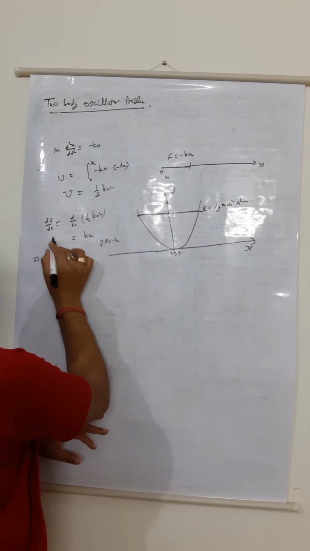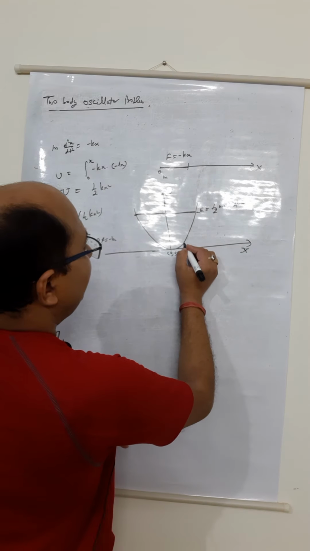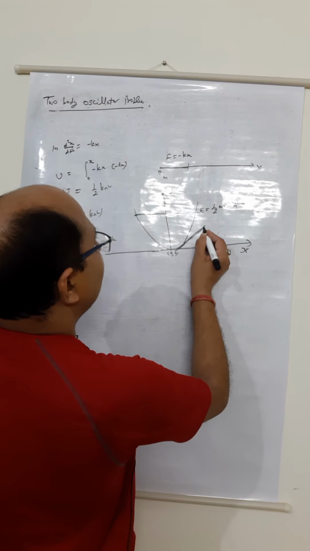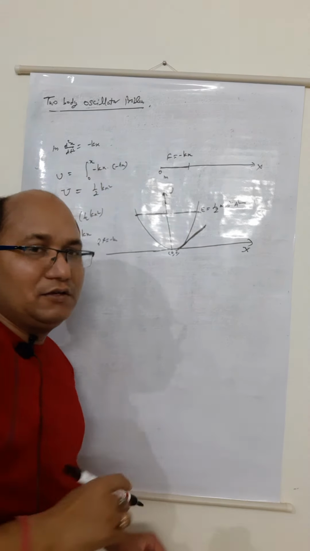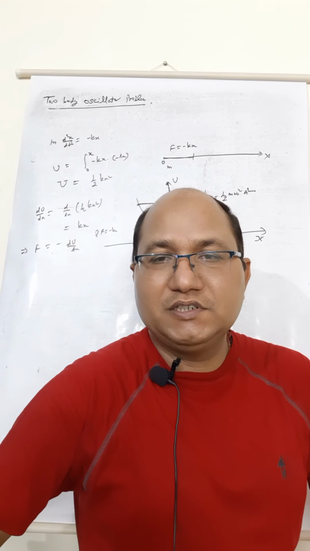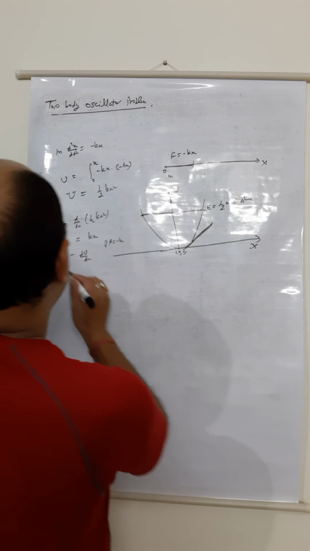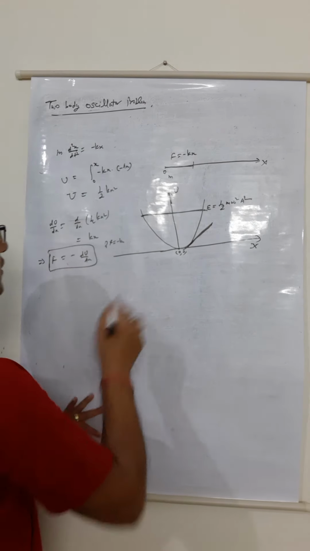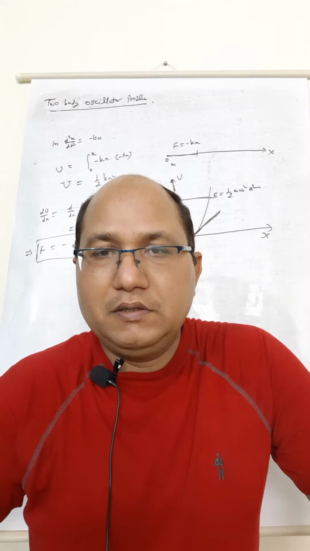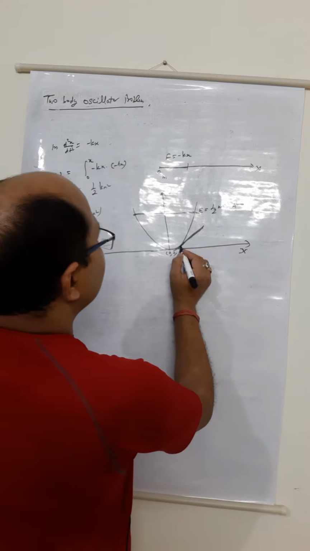The tangent taken anywhere on this curve gives du by dx, and with a minus sign that will represent the force at that point. Since it is a conservative force, I have already discussed it.